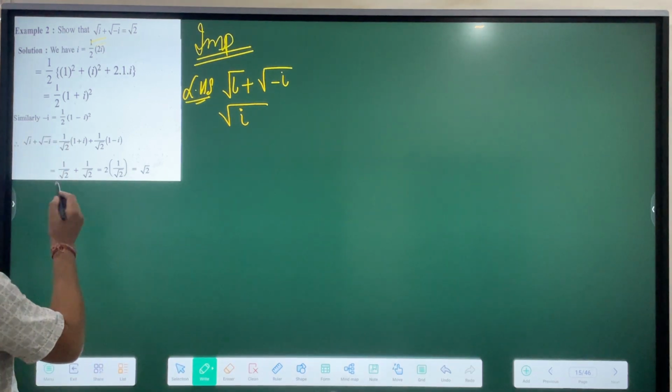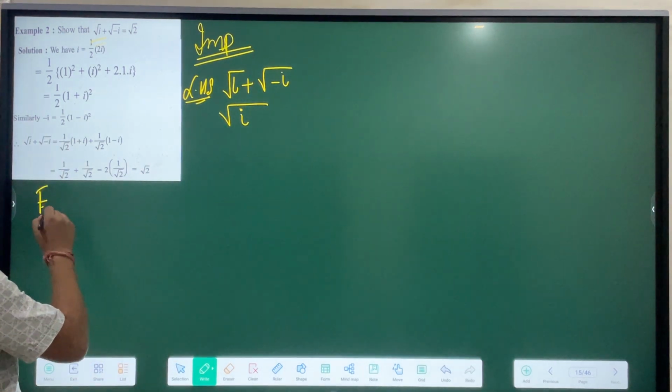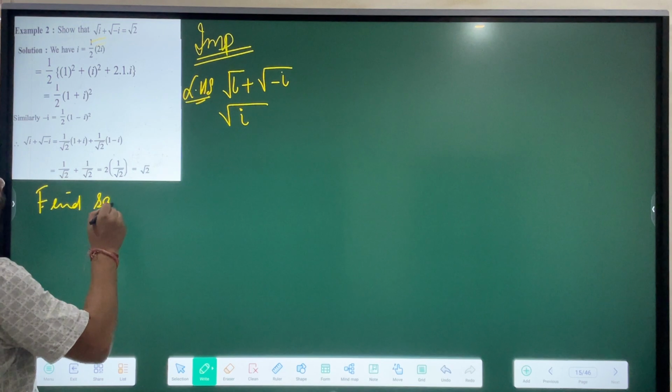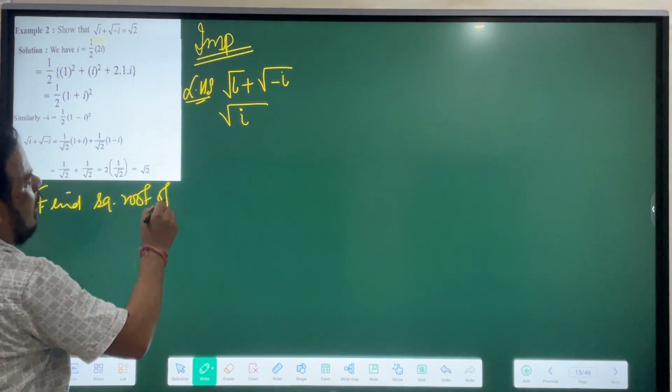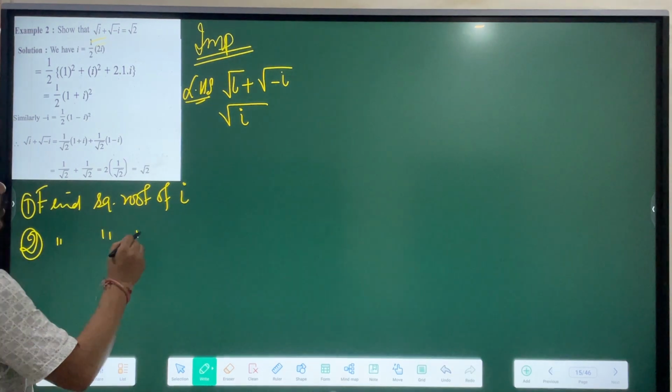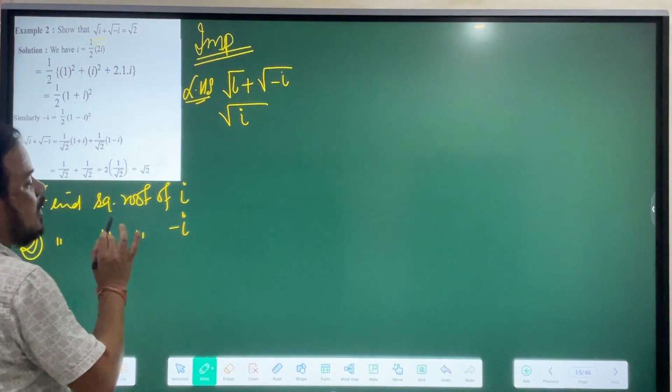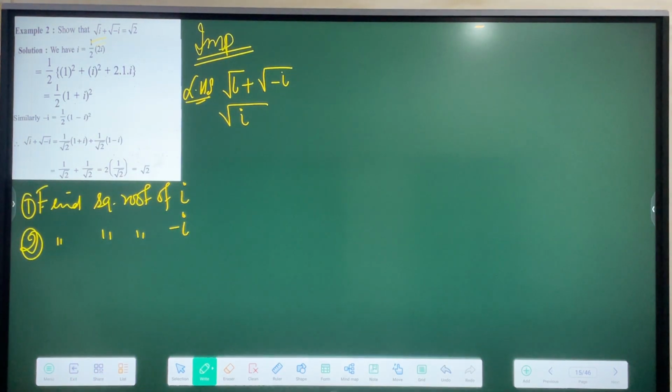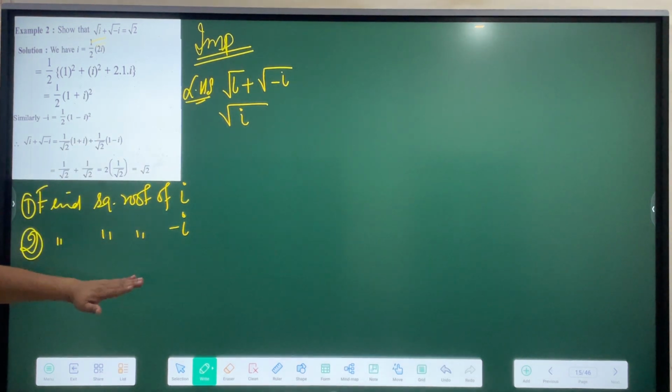If you cannot understand, so the question is like this: find the square root of i. One more question: find the square root of minus i. These are two separate questions.